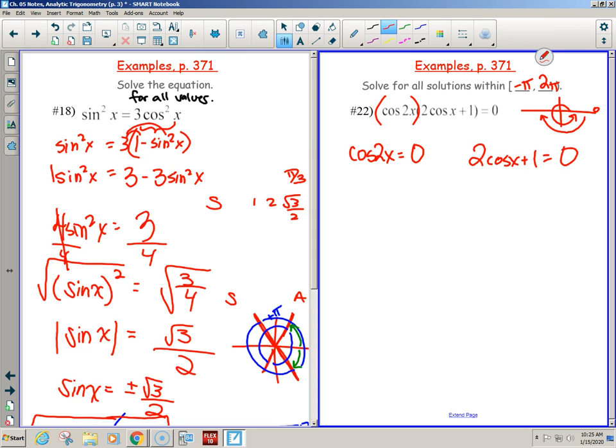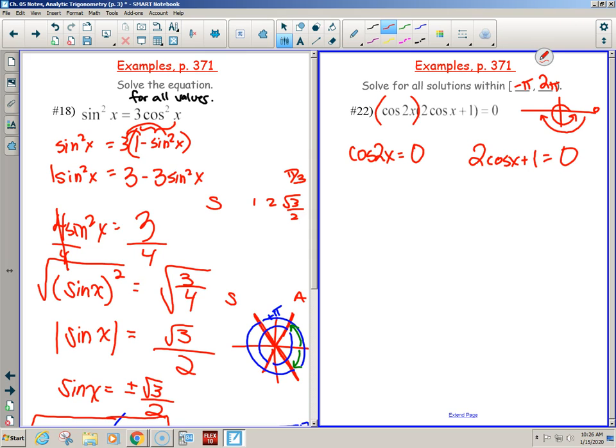What's the only way that can be true? Either he's 0 or he's 0, or they're both, one of them has to be 0. Anytime you're multiplying in math, one of them has to be 0. So if we have something like x plus 1 and x minus 3, oh, that's why we would take each of these and solve for their zeros. One of them had to be 0.